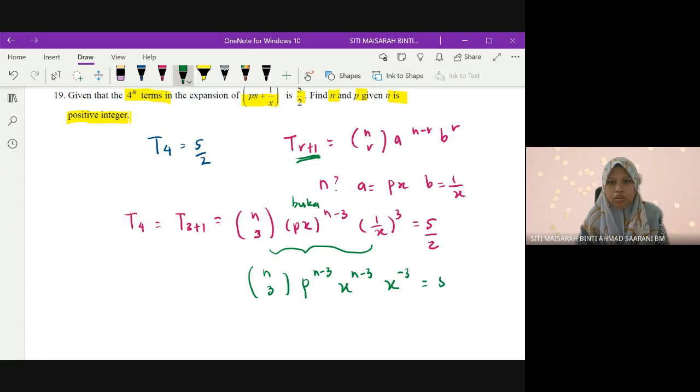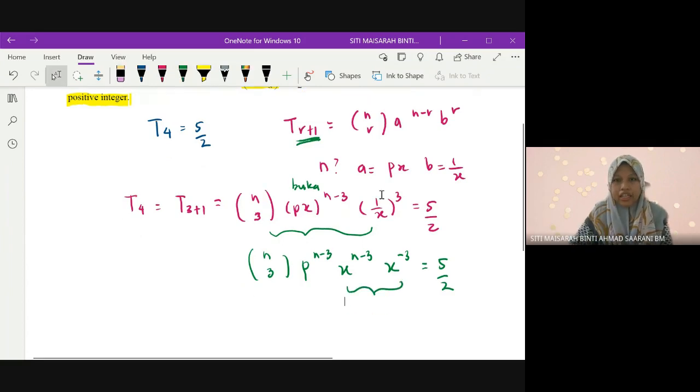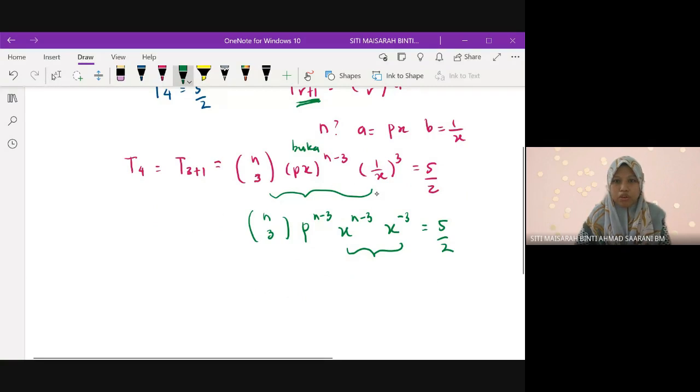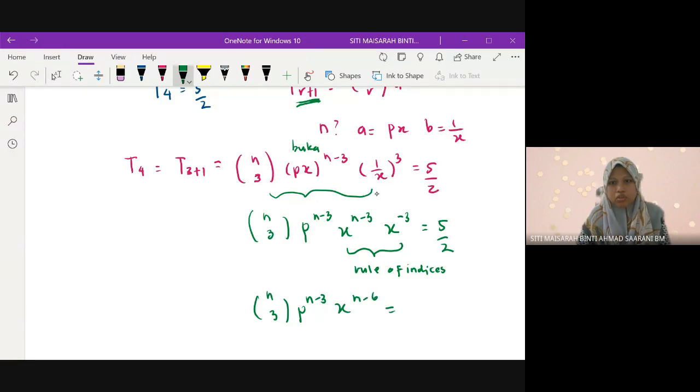Then we simplify the X using the rule of indices: nC3 P power n minus 3 X power n minus 6 equals 5 over 2.